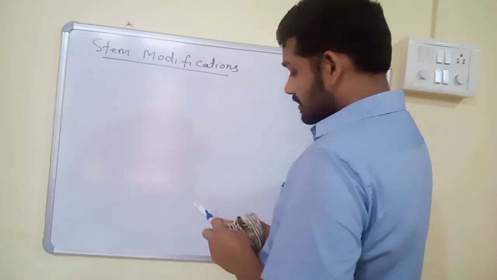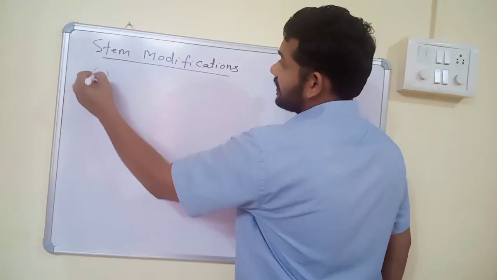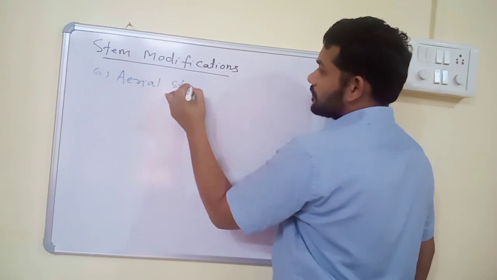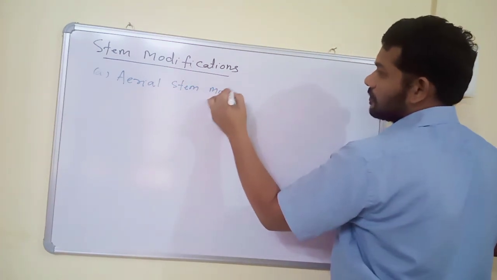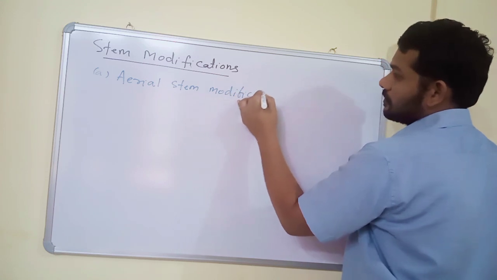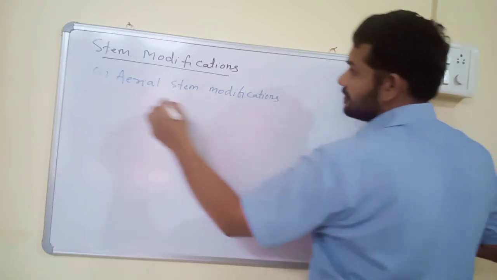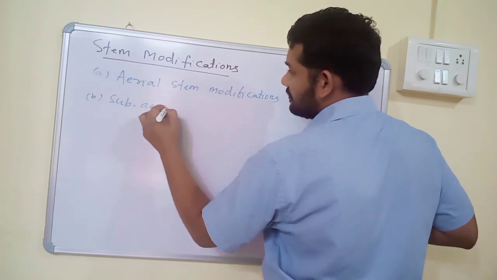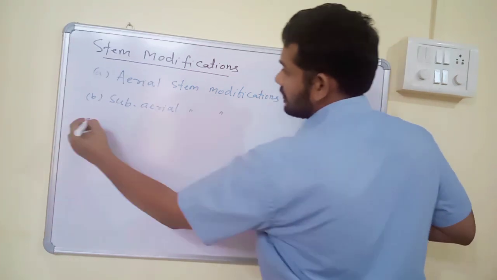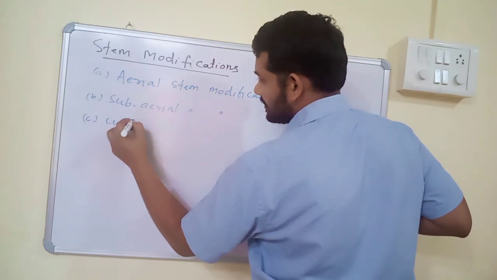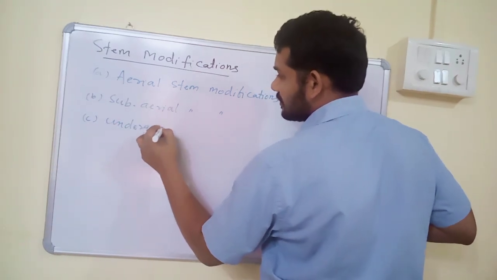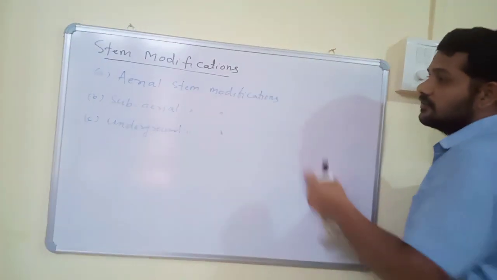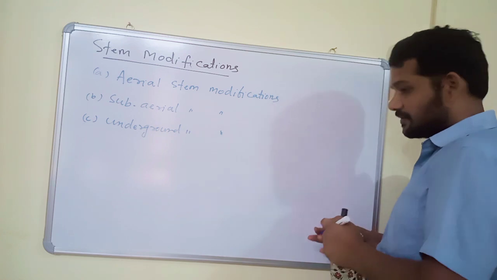Stem modifications are usually of three types: aerial stem modifications, subaerial stem modifications, and underground stem modifications. Now we will discuss all these modifications one by one.